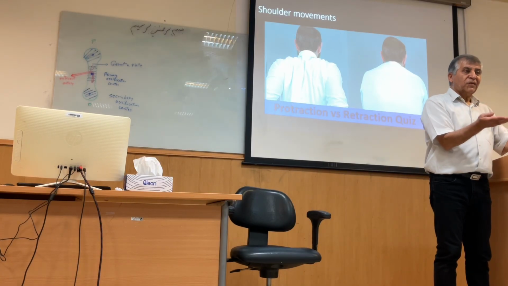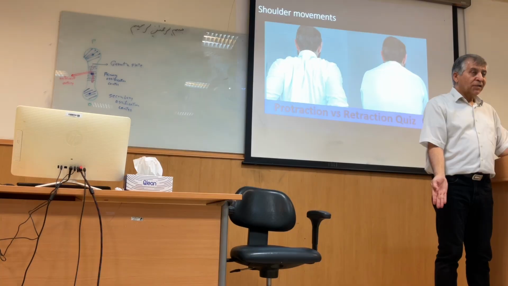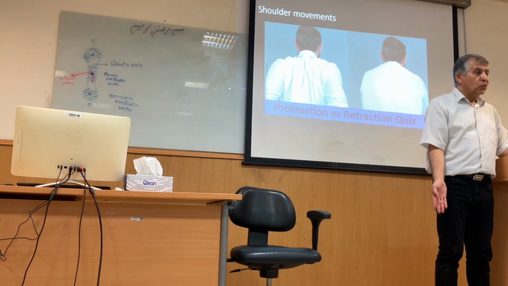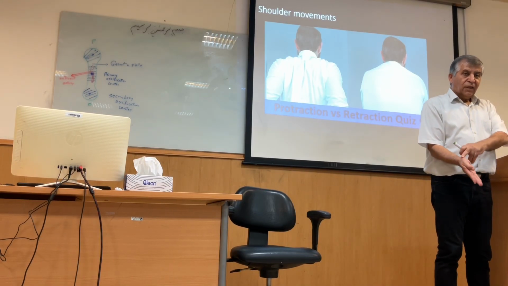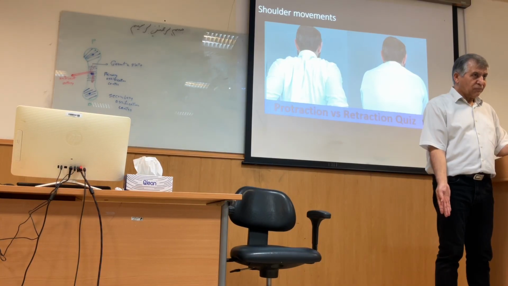Thumb is different from fingers. Abduction and adduction in fingers take place in the coronal plane, but for the thumb they occur in the sagittal plane. Extension, flexion, extension, flexion.